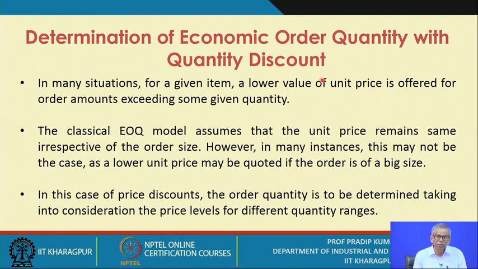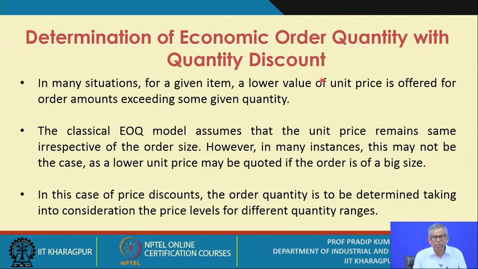That means in the majority of cases, if the order quantity is more, the unit price comes down. Whereas if the order quantity is less, the unit price may be higher. Now, many a time, if the order quantity is more, you are offered the quantity discount.